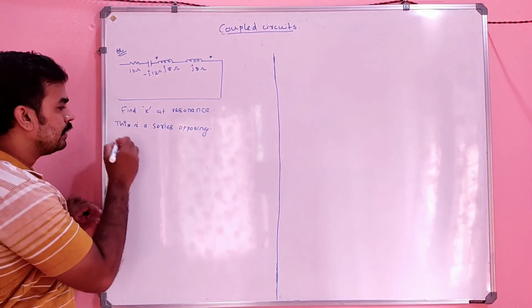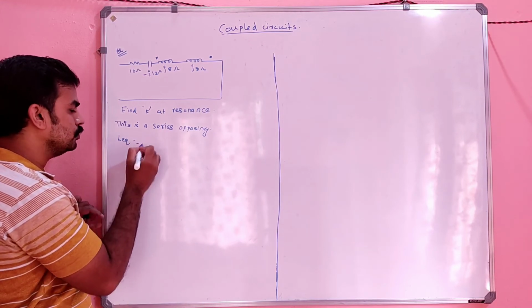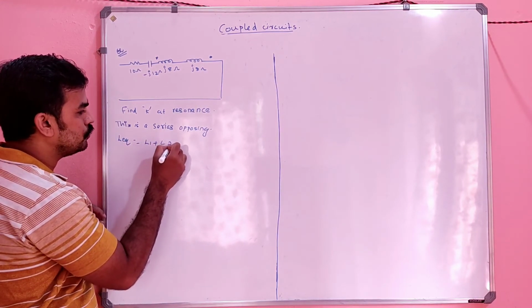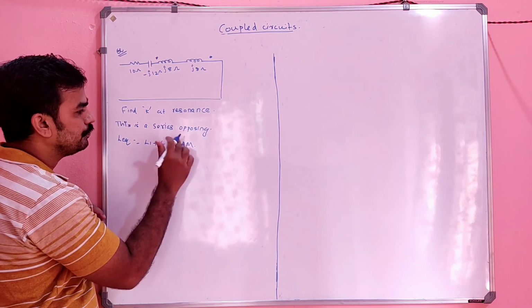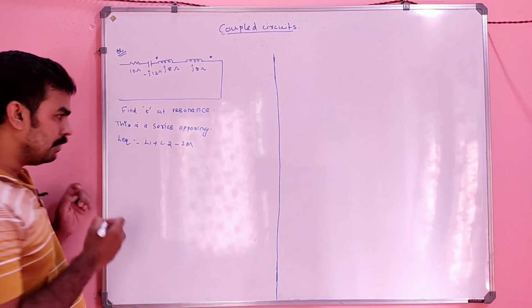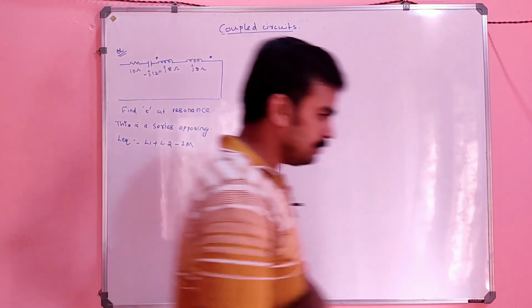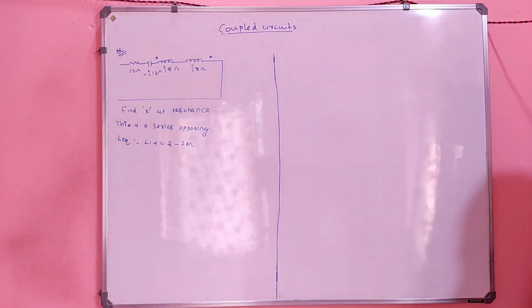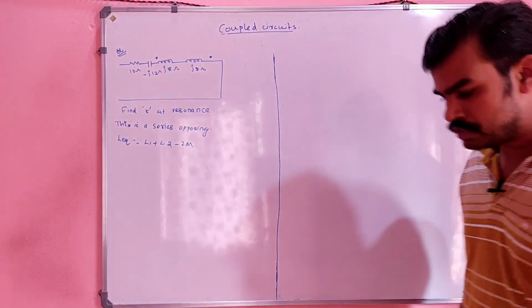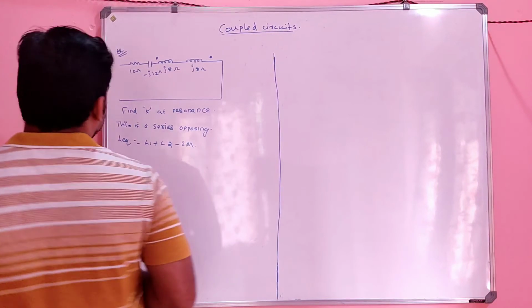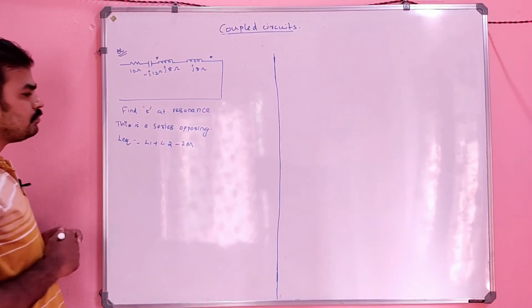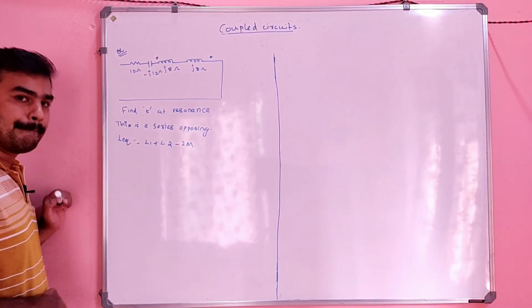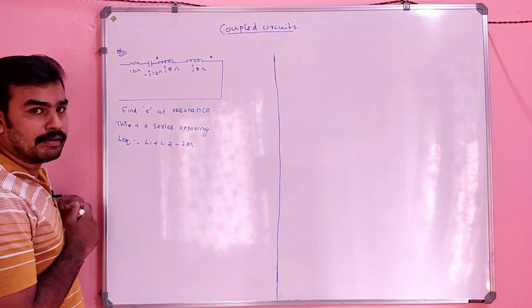So L equivalent will be equal to, what is that? L1 plus L2 minus 2M. Am I correct or not? L equivalent will be equal to what? L1 plus L2 minus 2M. Correct. Suppose I am multiplying this equation with omega, right?